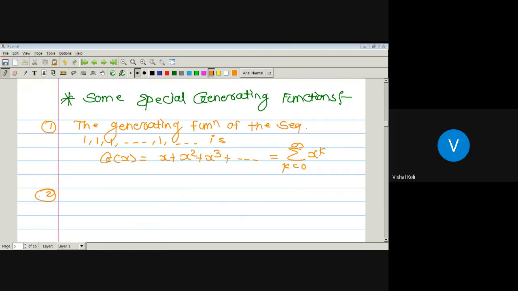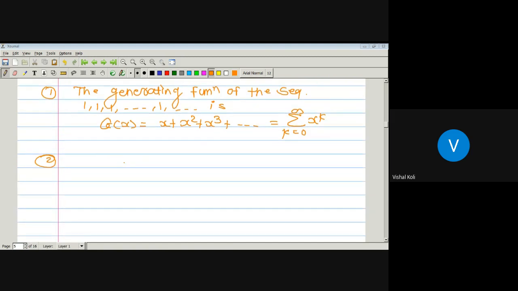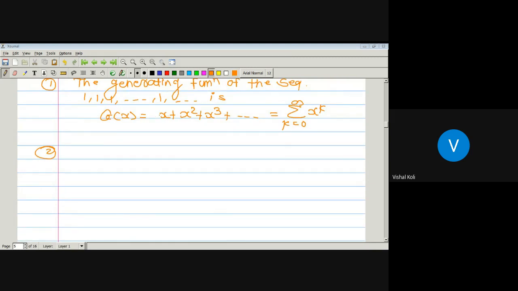Similarly, now its closed form. What is this? Sorry, I think here it is 1 into x. The first term is nothing but 1 into x raised to 0, that one is nothing but 1. So it is nothing but 1 plus x plus x square plus x cube plus and so on, summation k running from 0 to infinity. But already we know that. What is the closed form of the series 1 plus x plus x square plus x cube plus and so on?